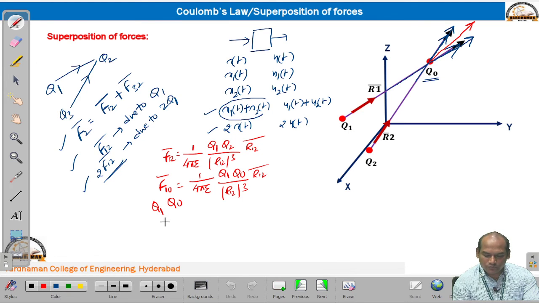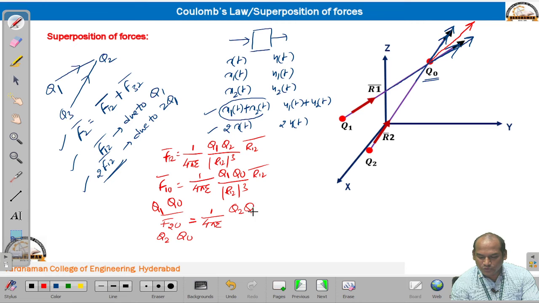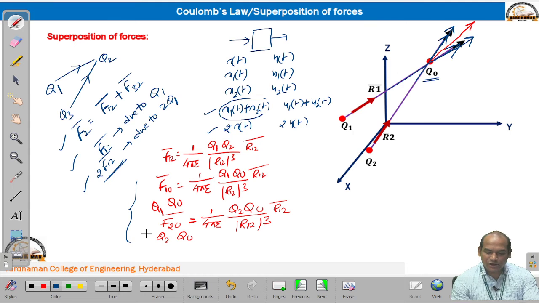Now, F20, that means due to Q2 on Q naught we are calculating the force, that is given by 1 by 4 pi epsilon, Q2 Q naught by magnitude of R cube into R bar. So, like this we have written. This equation is representing the force on Q naught due to Q1, and this equation is representing the force on Q naught due to Q2.